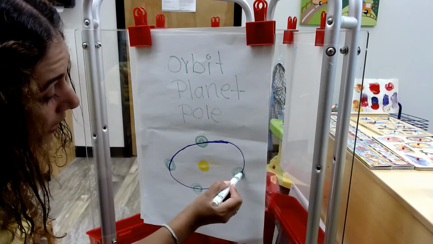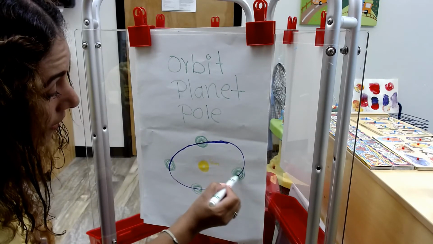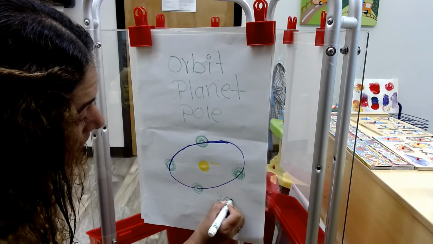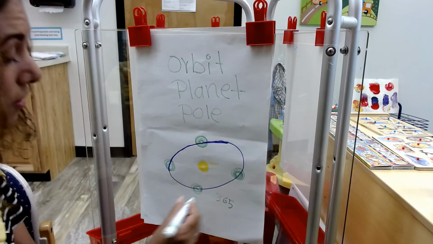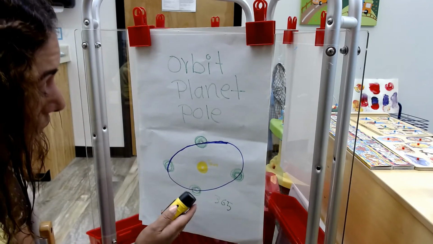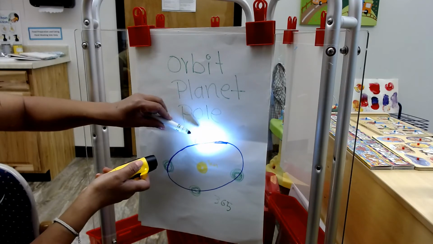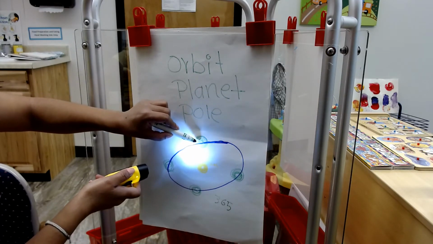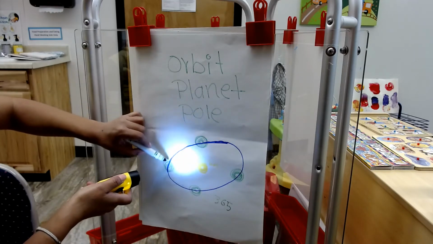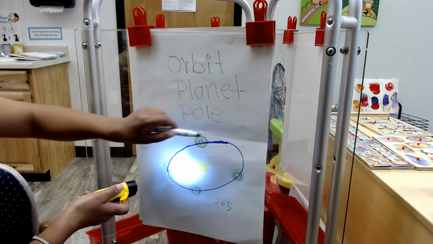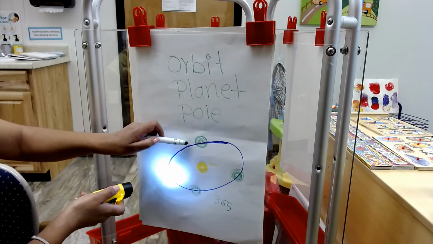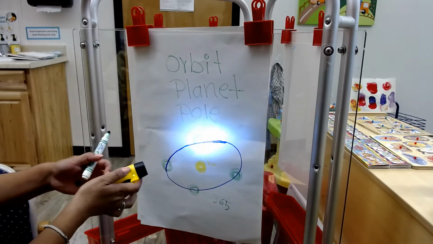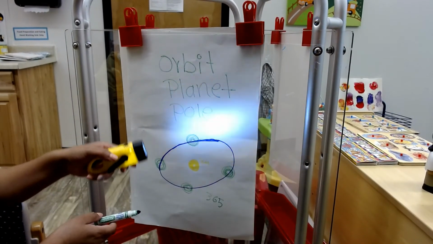Do you remember how many days a year has? A year has 365 days. So this is our Earth planet, and it travels all year long around this orbit. But it doesn't go fast. It goes very slowly.